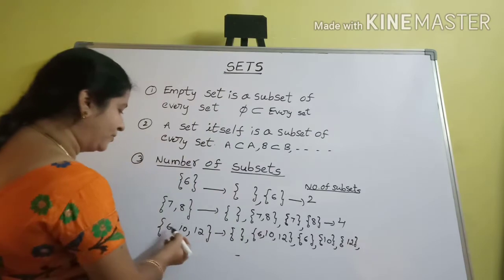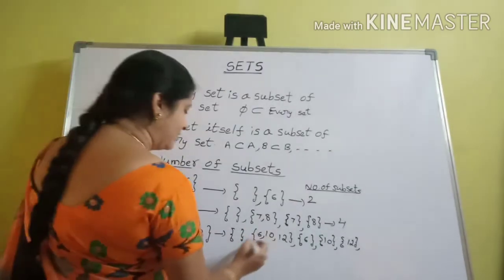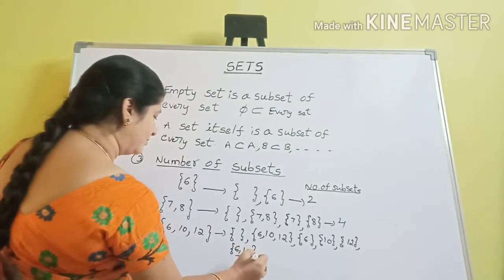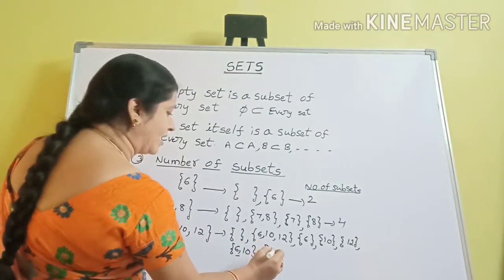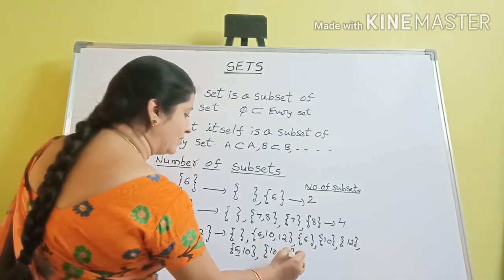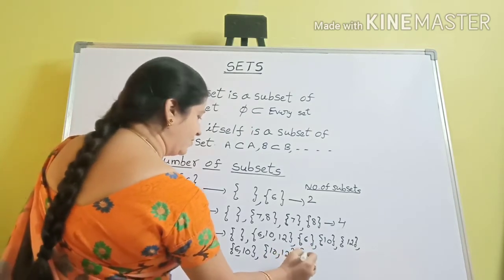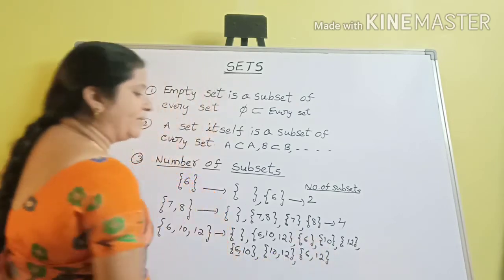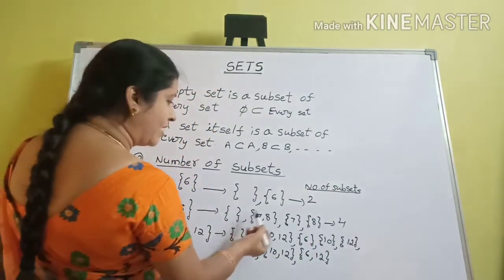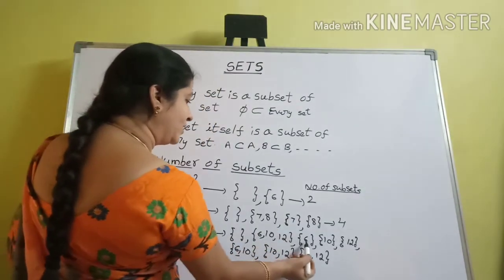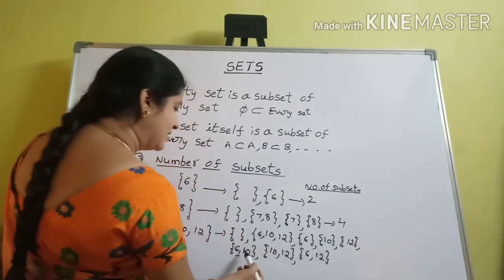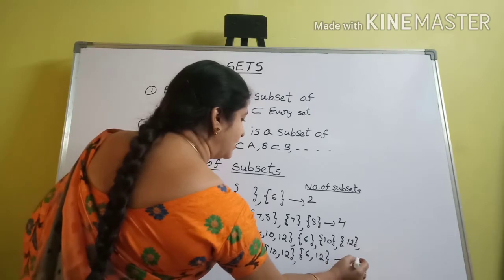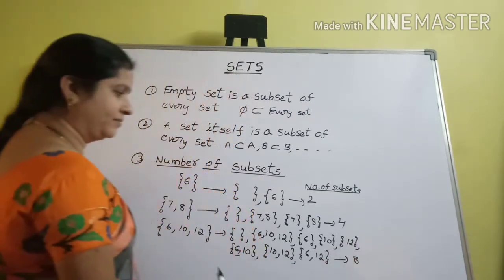Next we go to 2 element sets. So set of 6, 10, set of 10, 12 and set of 6, 12. So how many subsets we have here? 1, 2, 3, 4, 5, 6, 7, 8. So number of subsets here 8.